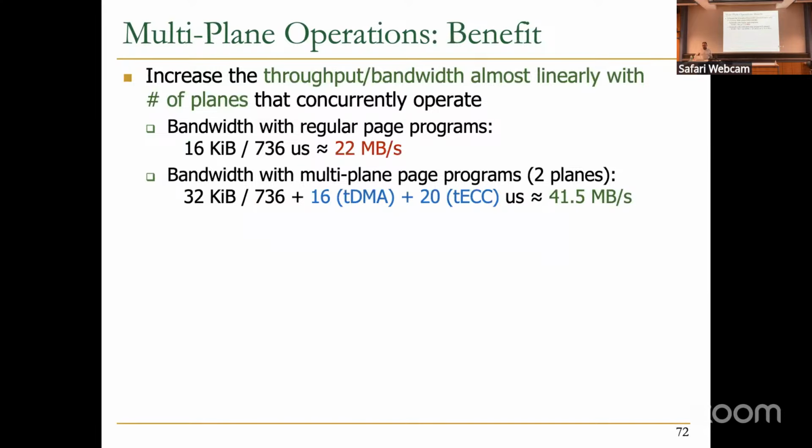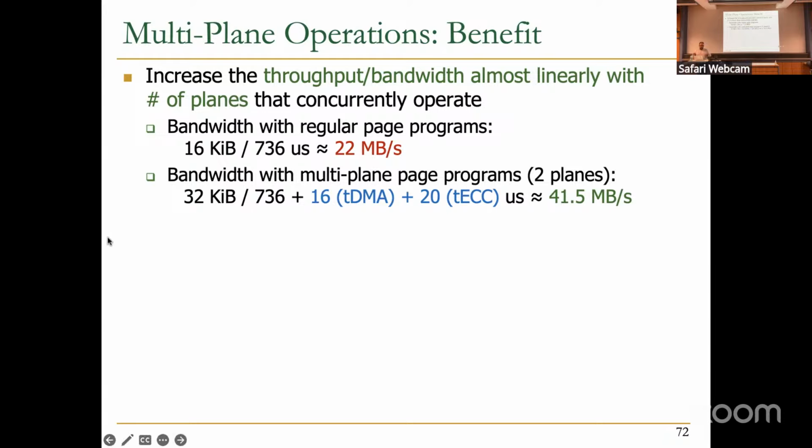Okay, so multiplane operations of course have a benefit: they increase the throughput and bandwidth almost linearly with the number of planes. Here, for example, we do this operation for 2 planes. When we want to do write operations, for example, we want to program multiplane, and we have 2 planes.